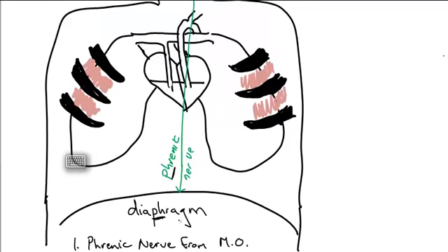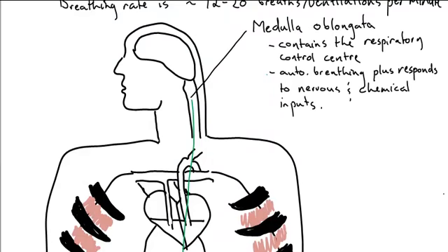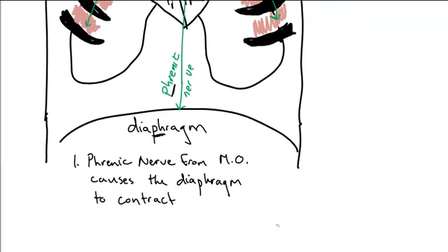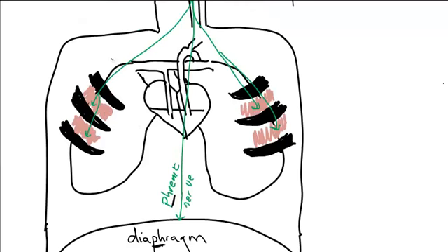At the same time, we have intercostal nerves attached to the intercostal muscles. And step 2, we'll label this here, intercostal nerves.